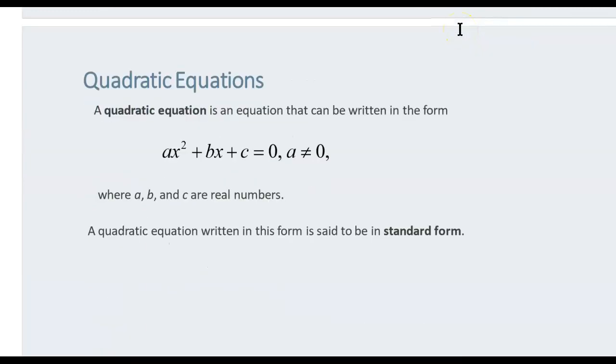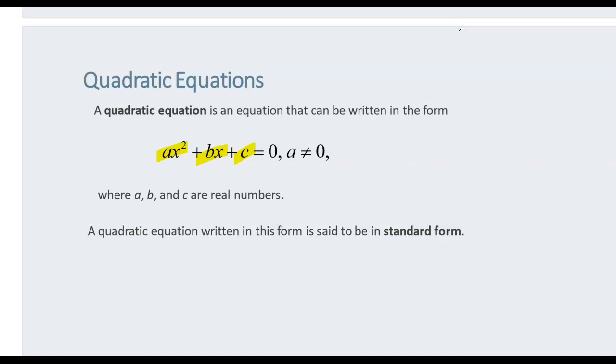You may remember that a quadratic equation is one that falls into this format where we have the variable x raised to the second power, and we have all of the terms in order from the highest power down. So we're starting with the x squared term, followed by the x to the first term, and then we have the constant c by itself without a variable.